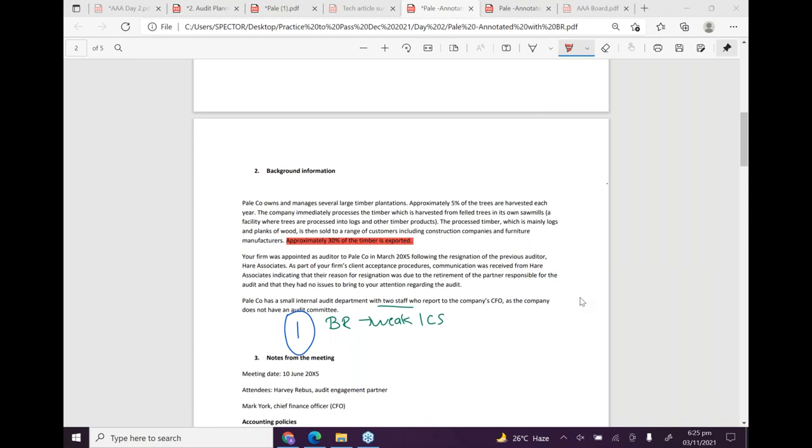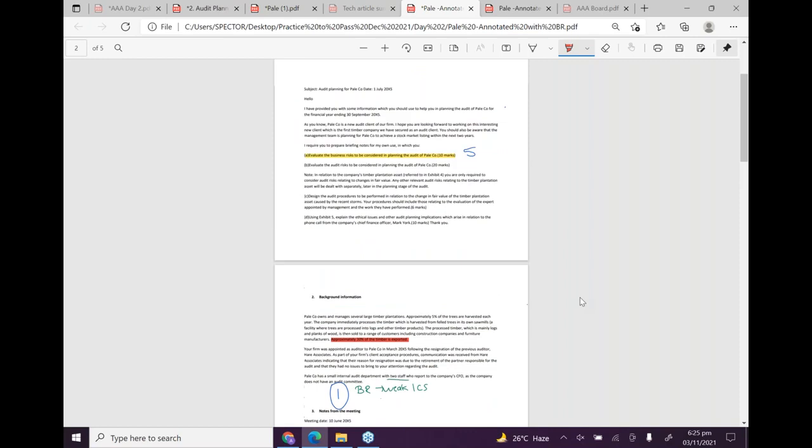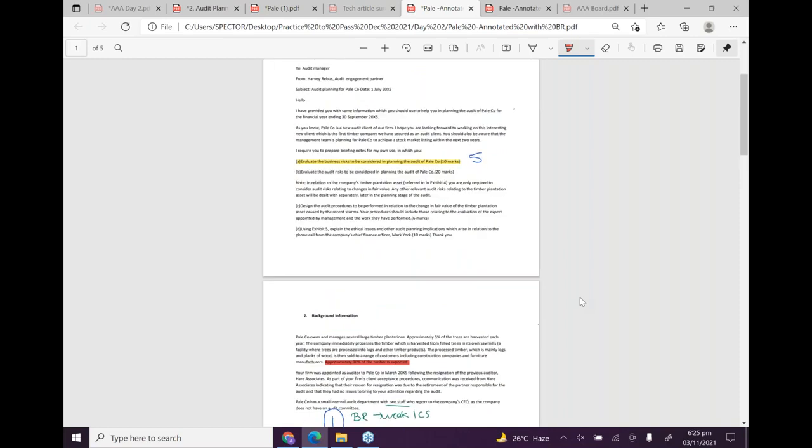Very well worded. So I will send you this annotated part as well. You'll have it in your handout section by tomorrow. But if I could have any questions that you may have regarding business risk. If you try and do A and B simultaneously, trust me, you're going to end up messing both. And we don't want that.